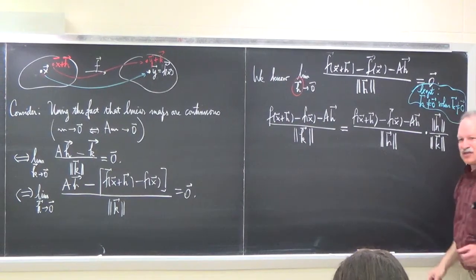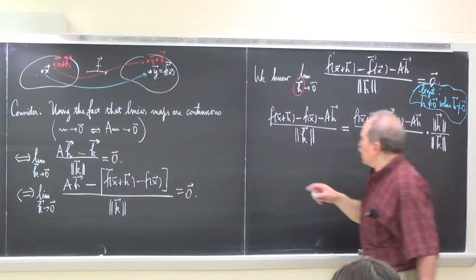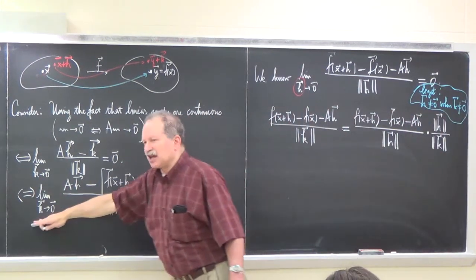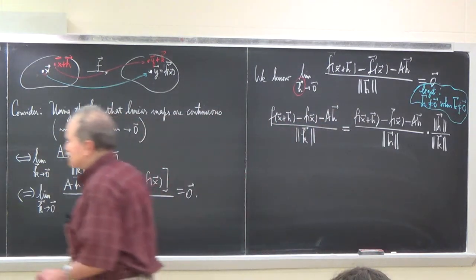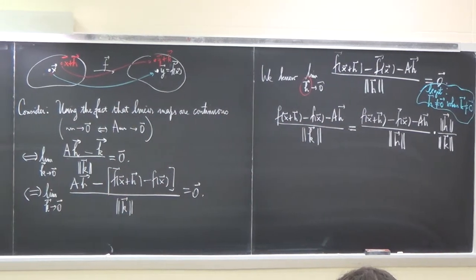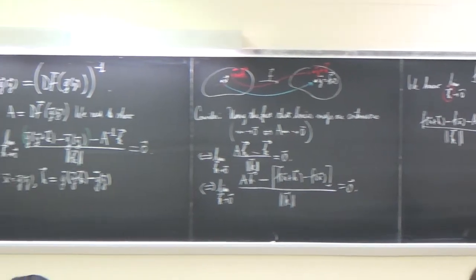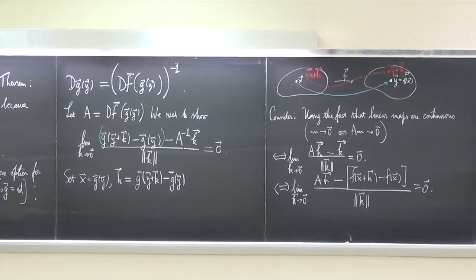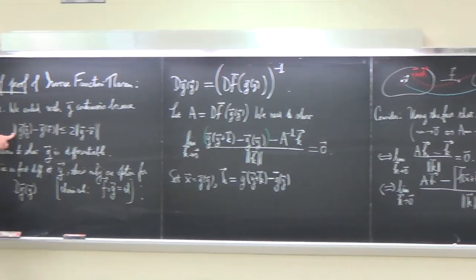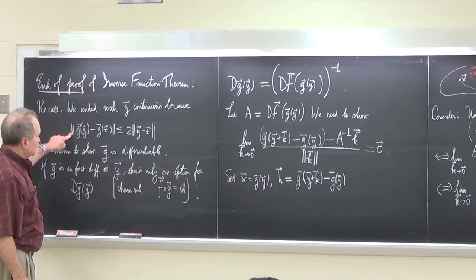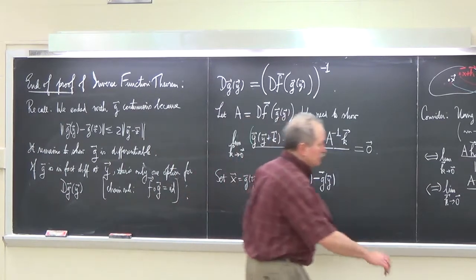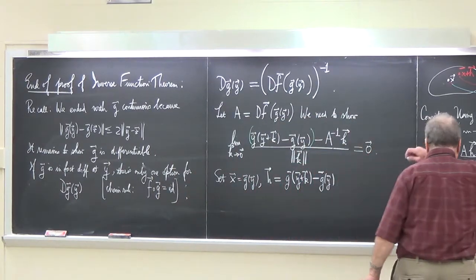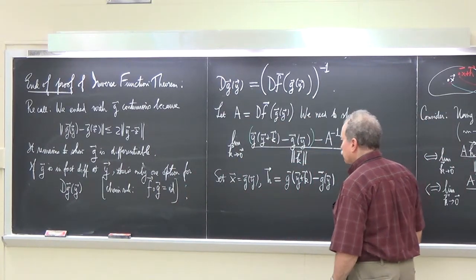Now, there's still an issue about h going to 0 versus k going to 0. But, all right, Cameron, what do you want me to say? I want us to go back to g of y minus g of z is less than or equal to 2 times y minus z. So when we have a function relating g of y and g of y plus k and f of x.